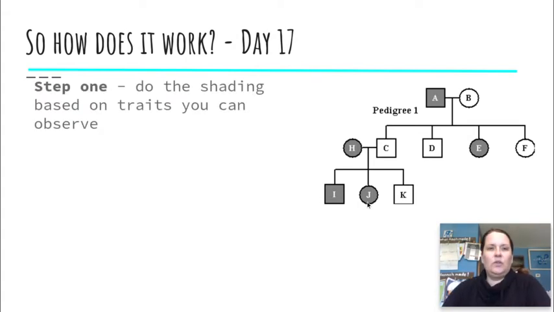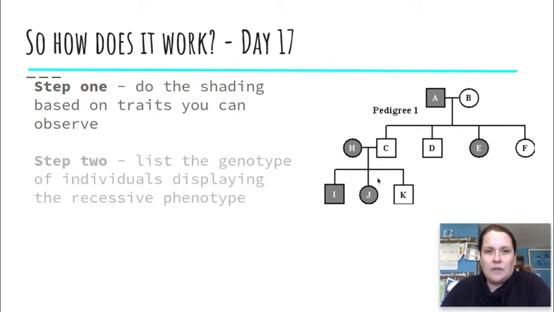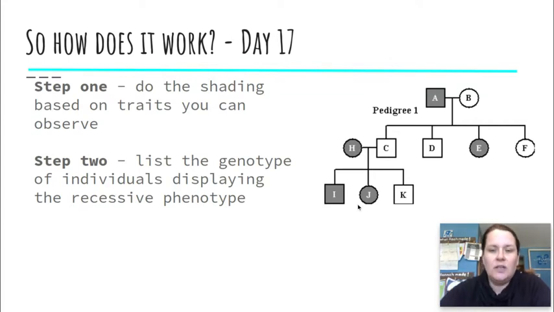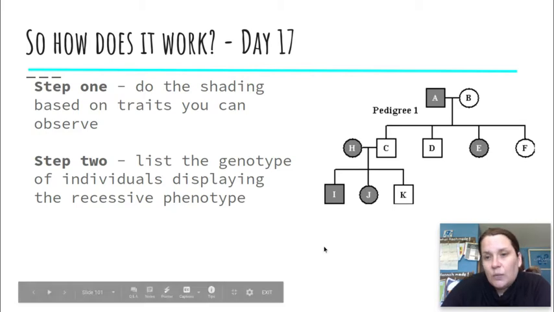To do this, step one, do the shading based on the traits that you can observe. Fill in the things that you already know. Then list the genotypes of the individuals displaying the recessive phenotypes. Below the circles and squares, we would write the genotypes.